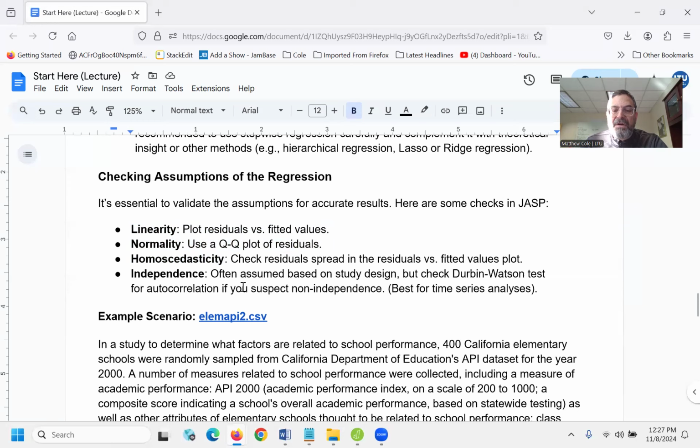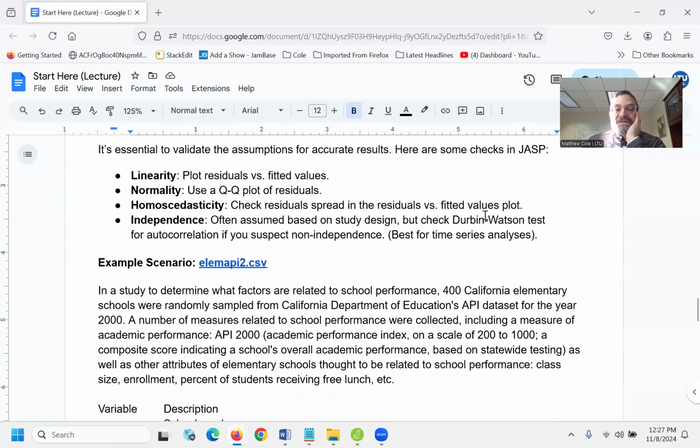That's more applicable to data sets where maybe one of the predictors is multiple time points. So we're not going to practice that today, but there is a statistic available in JASP called the Durbin-Watson test that is checking for something called autocorrelation.